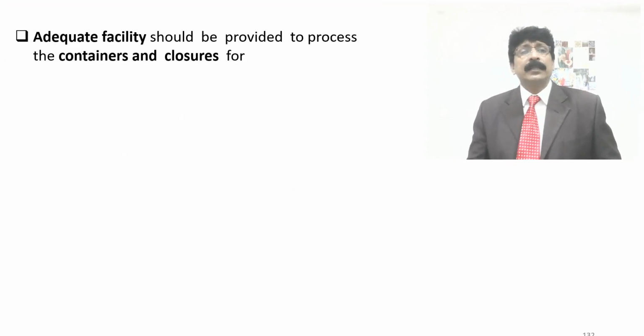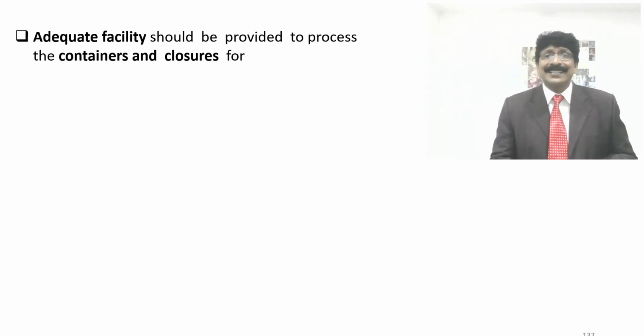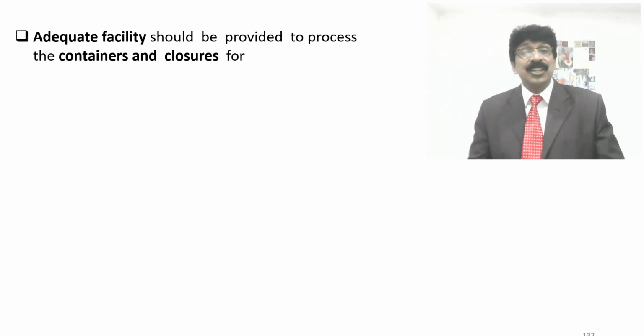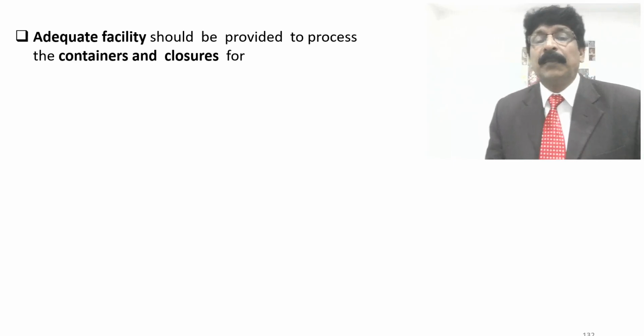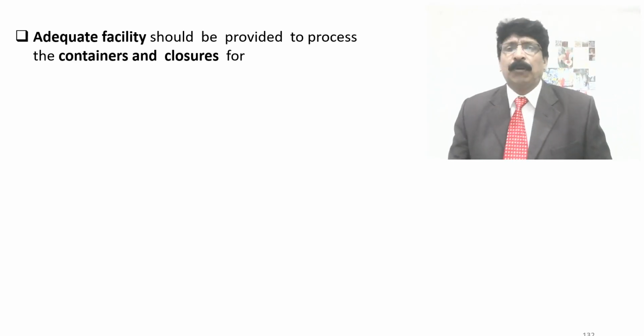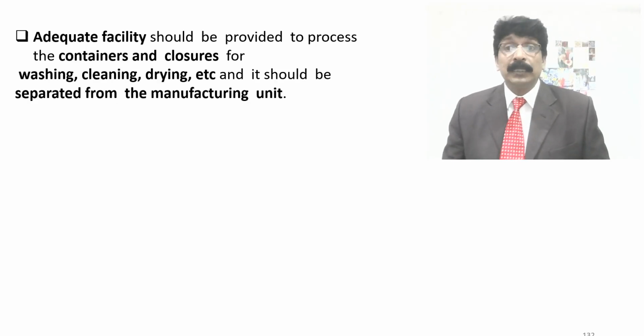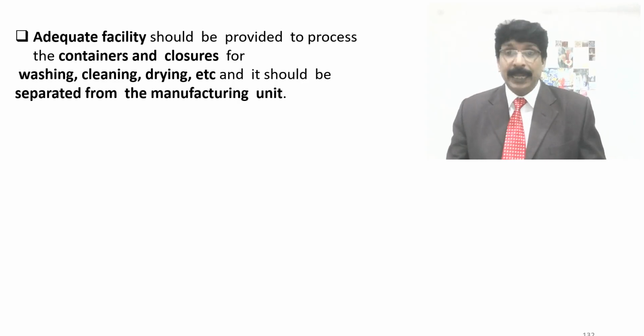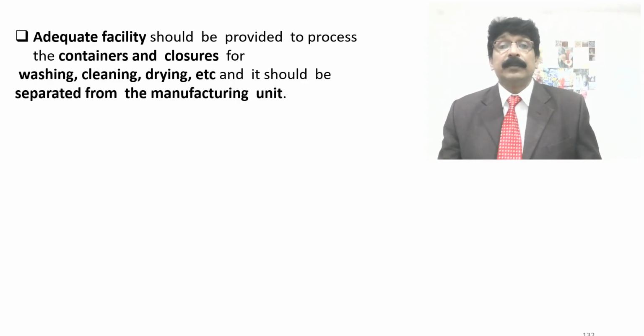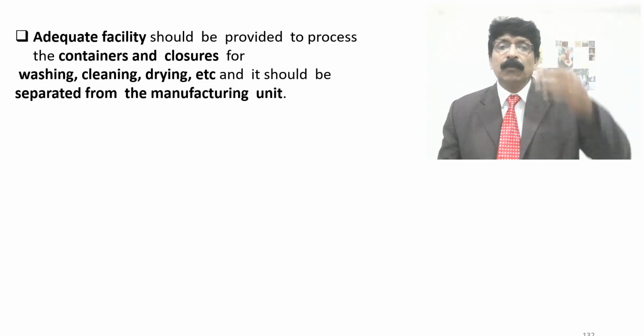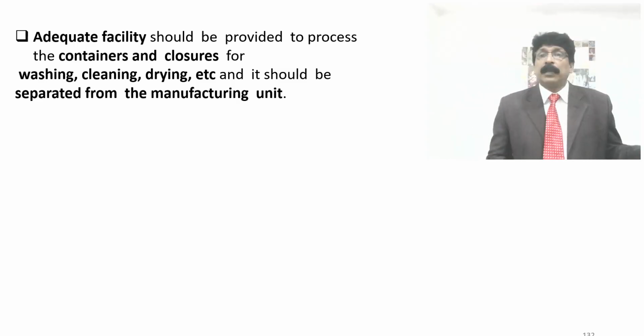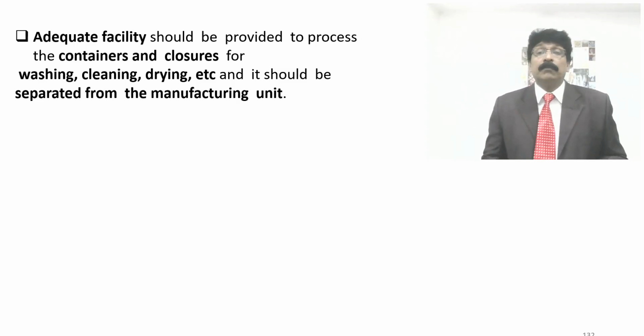Adequate facility should be provided to process the containers and closures which you are using in the manufacturing area. Very, very important. Washing, cleaning, drying: these should all be given separately, and there will be many other works also. Cap cleaning or cap sterilization.